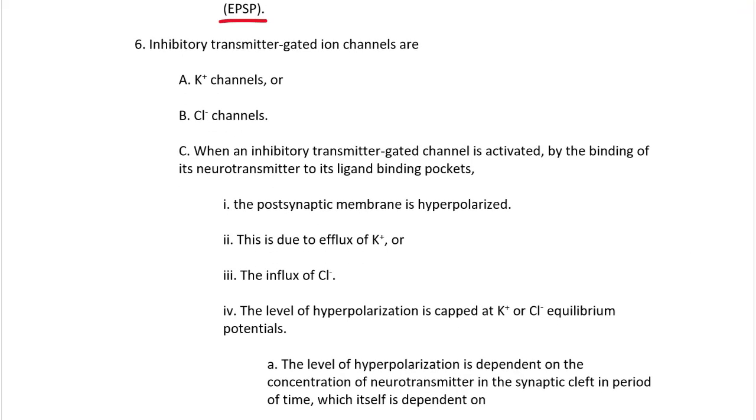Inhibitory transmitter-gated ion channels are potassium or Cl- channels. When an inhibitory transmitter-gated channel is activated by the binding of its neurotransmitter to its ligand binding pockets, the postsynaptic membrane is hyperpolarized. This is due to the efflux of potassium, or the influx of Cl-.